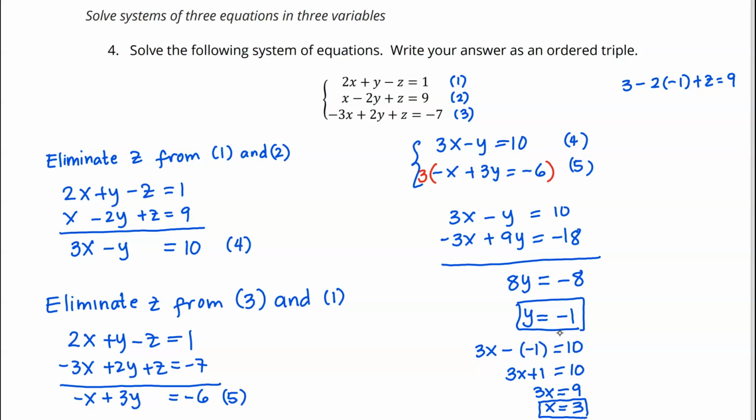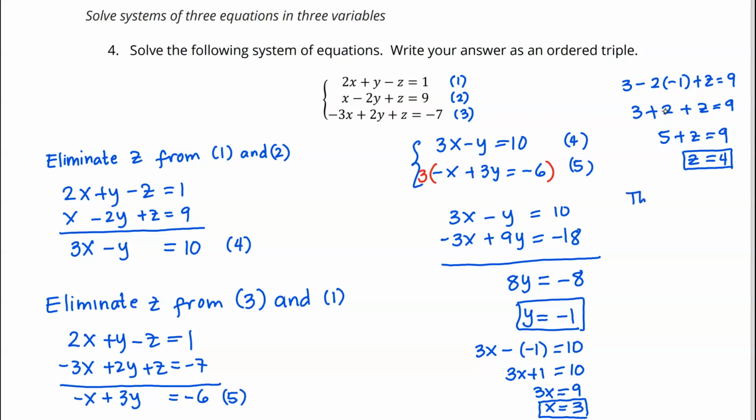Then you simplify. So you have 3 plus 2 plus z is equal to 9. Now 3 plus 2 is 5. So you have 5 plus z equals 9. And then you solve for z. Z is equal to 4.